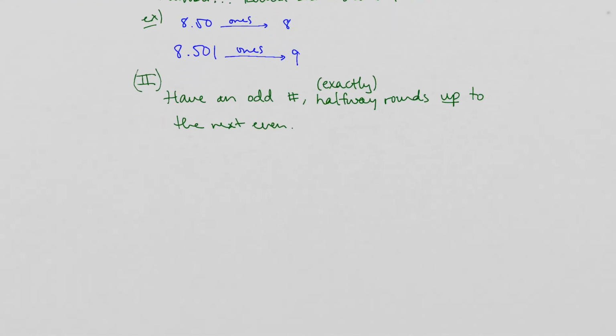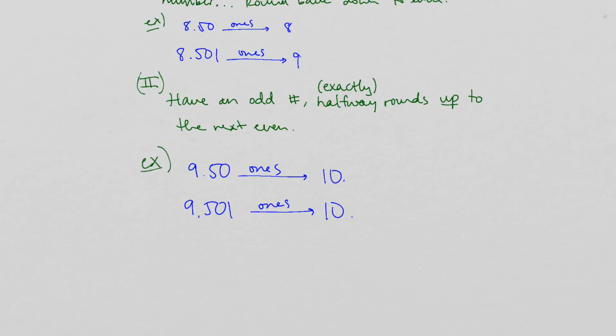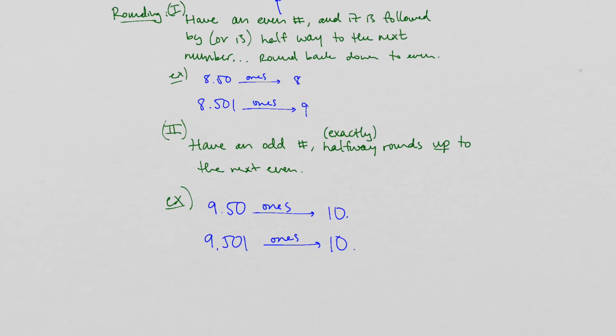So, for example, 9.50, if we round to the ones place, would be 10. 9.501, which we round to the ones place, would also be 10. And we'll put the decimals there just to show that it's not ambiguous. So that's the difference between rounding at even and odd numbers.